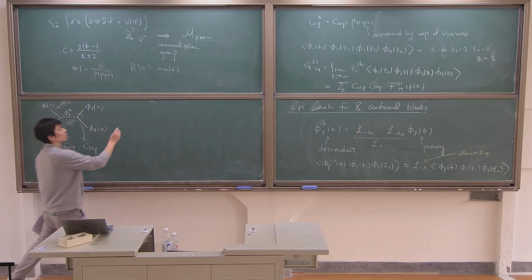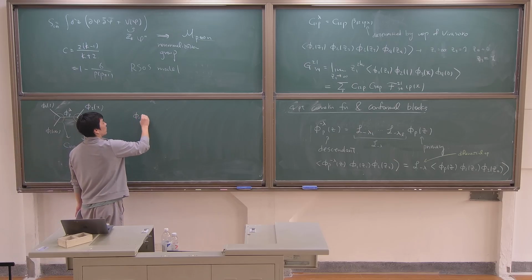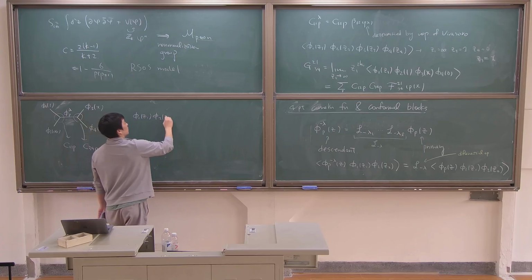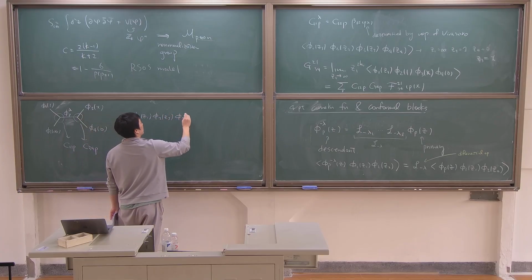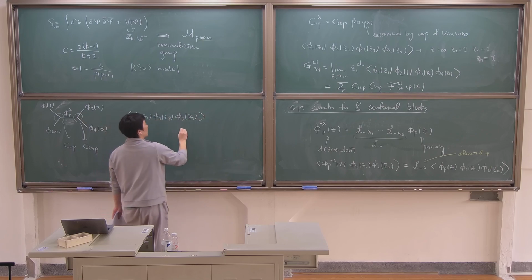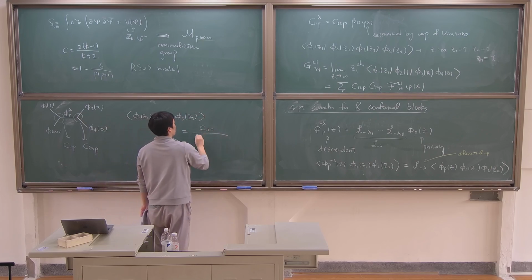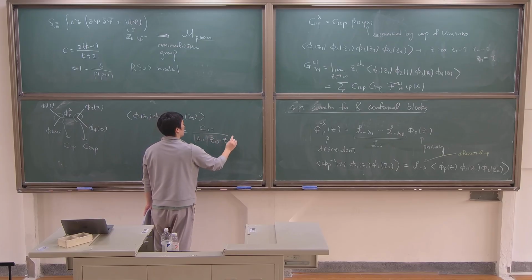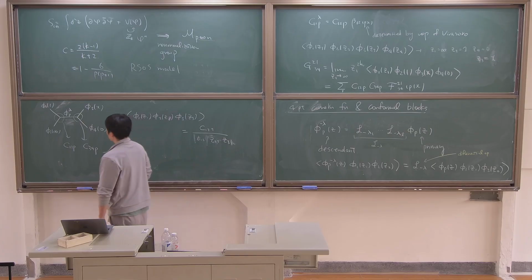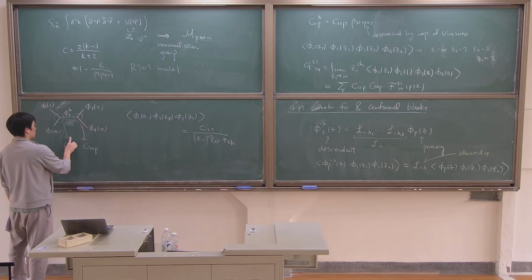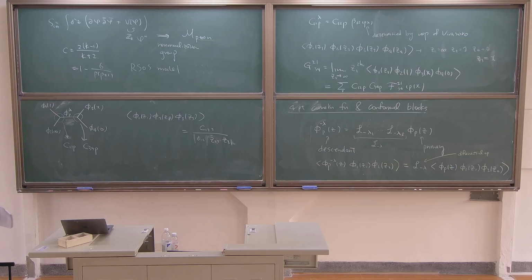And this structure constant is, of course, the one that appears in the 3-point function, C1, 2, 3 and some power, C2, 3, C4, 1, and some power.